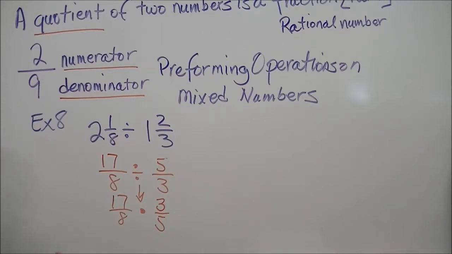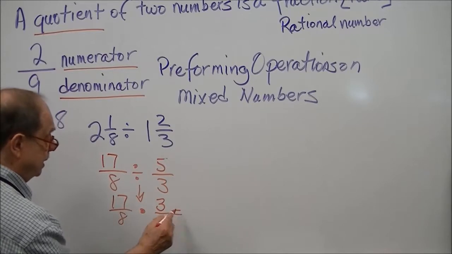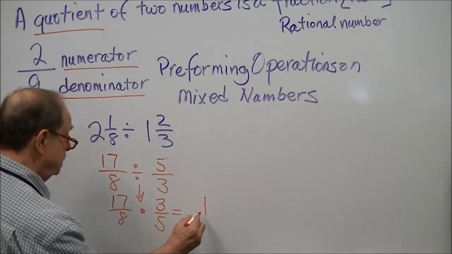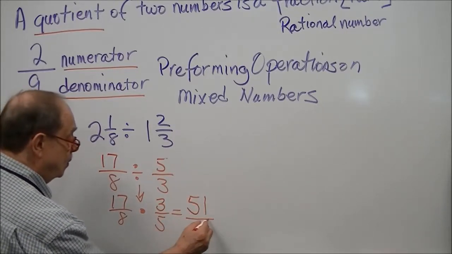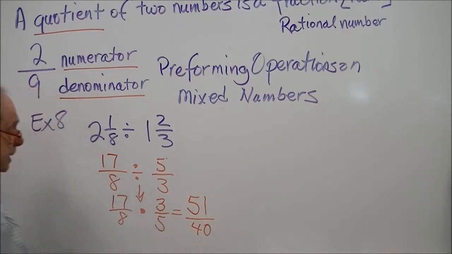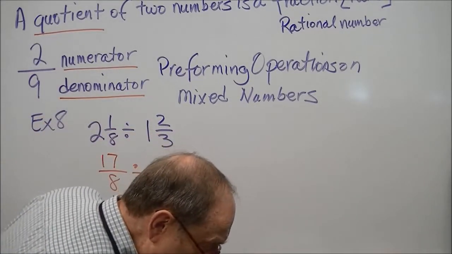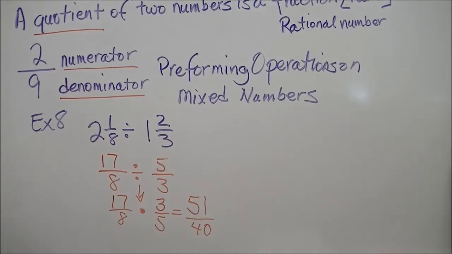multiplication. Notice there's no common factor anywhere. So we go 3 times 7 is 21. How about 51 there? Over 40. And you may leave it in that form, unless, let's see what they're asking here. They want us to practice changing it back to a mixed number.